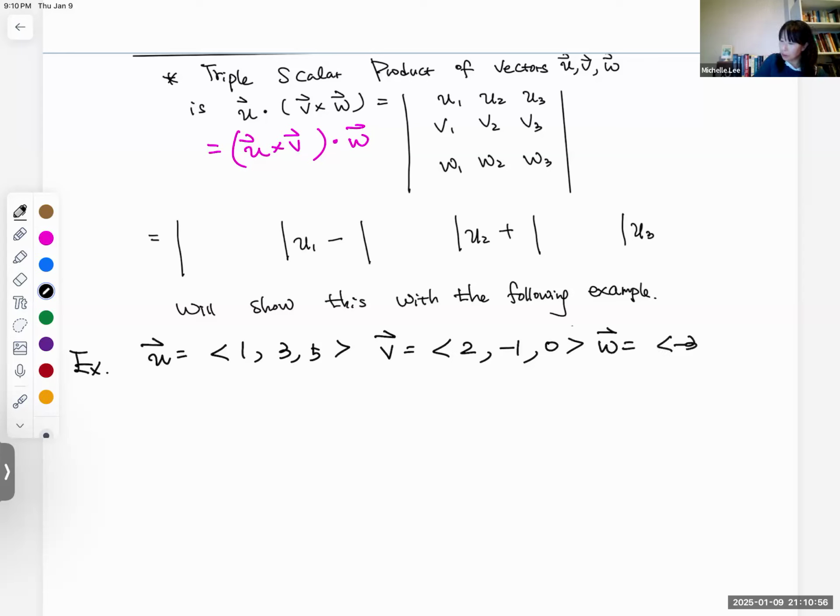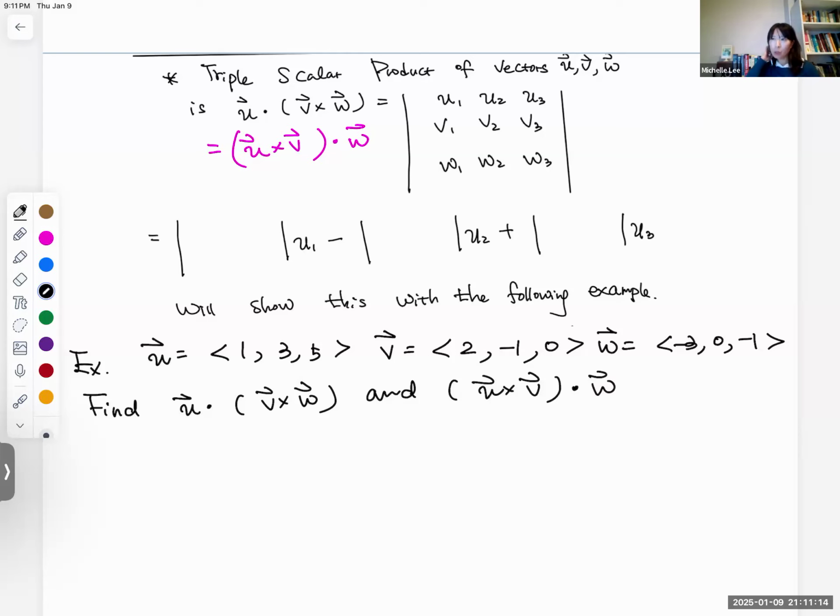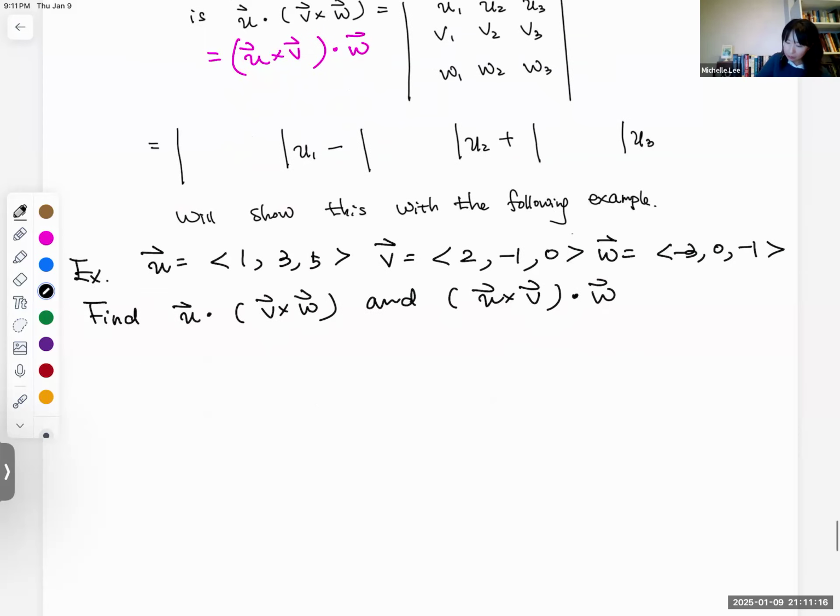W equals -3, 0, -1. Find U dot V cross W, and U cross V dot W. Okay, the first one: U dot V cross product with W.